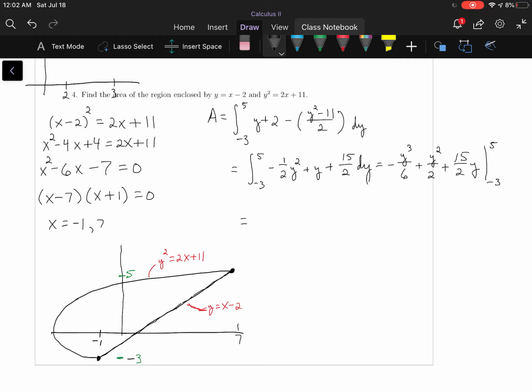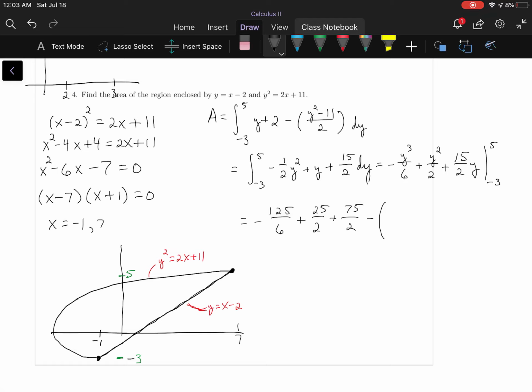Evaluating, we've got negative 5 cubed, which is 125 over 6, plus 5 squared over 2, which is 25 over 2, plus 15 times 5, which is 75 divided by 2, minus, now evaluating y at negative 3, we're going to have minus negative 3 cubed.